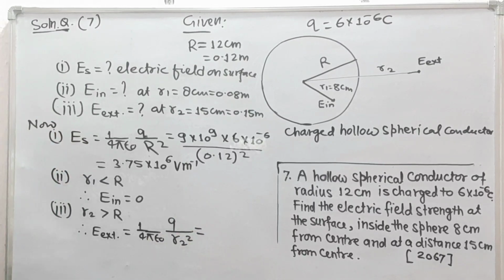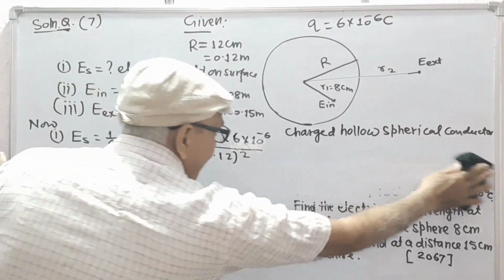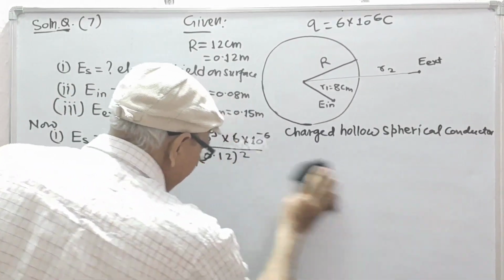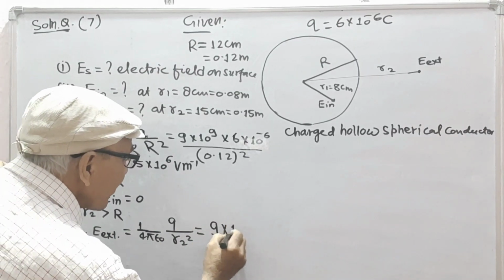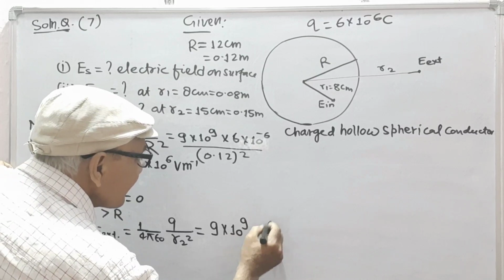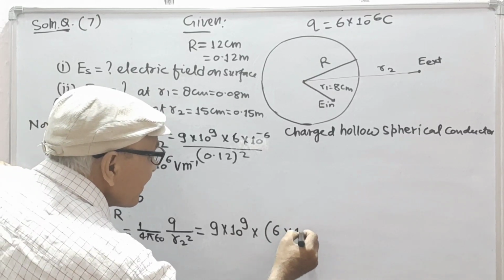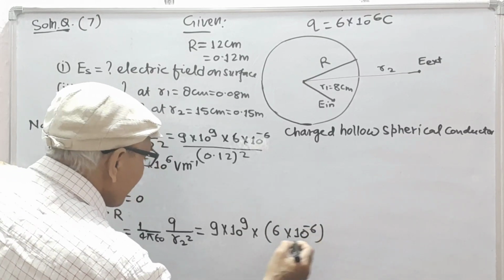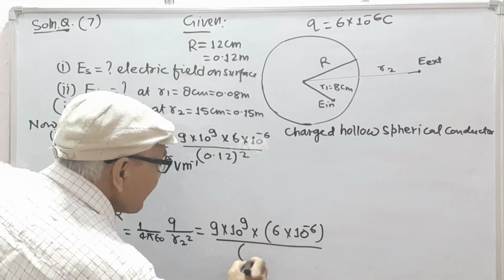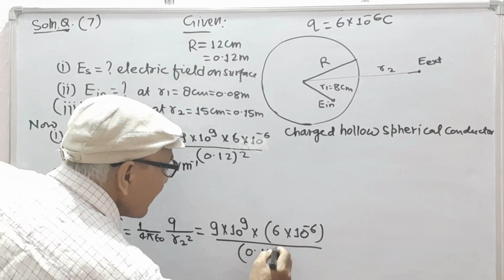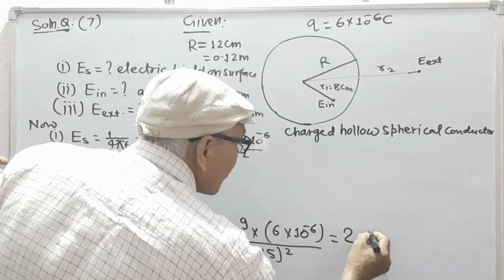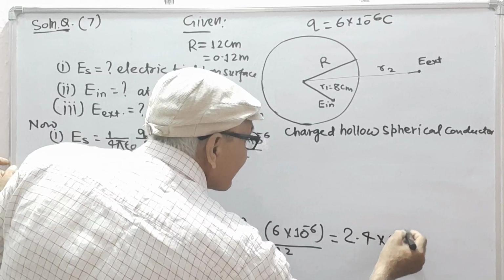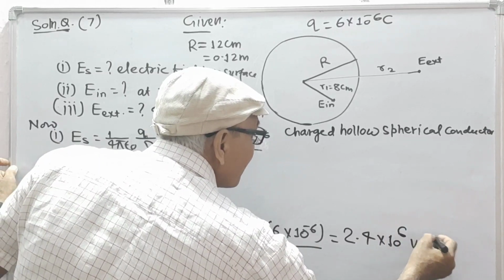Values are known. This is 9 into 10 to power 9, Q is 6 into 10 to minus 6, upon R square means 0.15 square, which gives 2.4 into 10 to power 6 volt per meter.